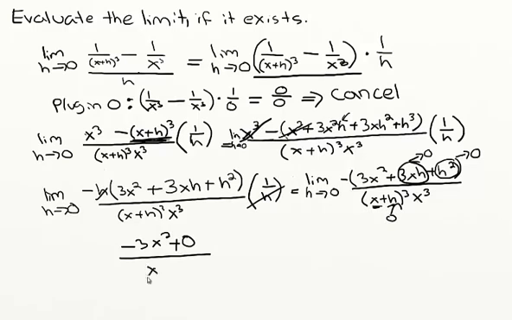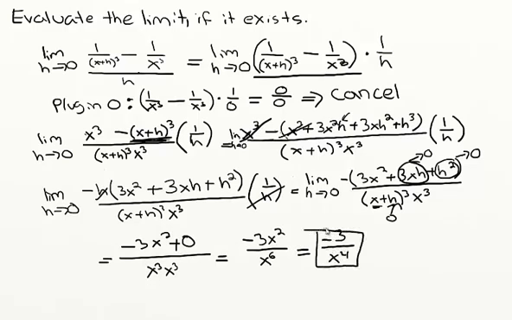So we'll have x cubed times x cubed. So that's actually going to be equal to negative 3x squared, and then over x, well, x cubed times x cubed is x to the 6th. Now we have a 2 and a 6. We can just cancel 2 of those out, so we'll have negative 3 over x to the 4th, and that is our final limit.